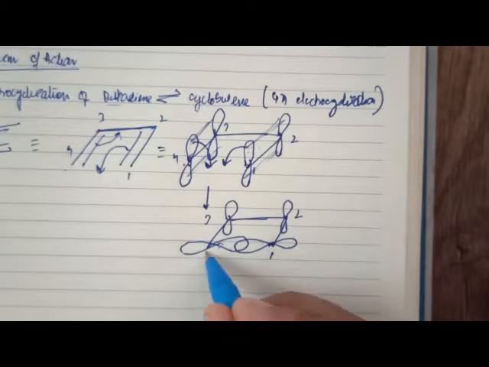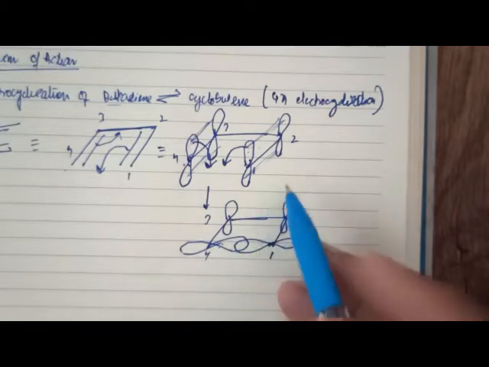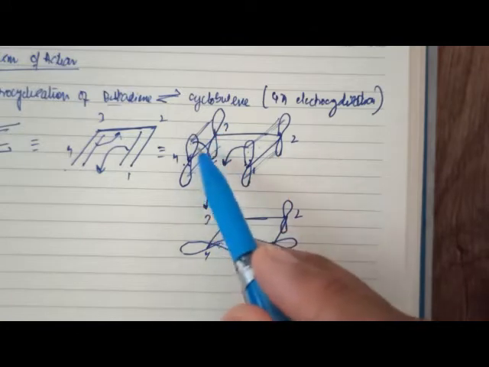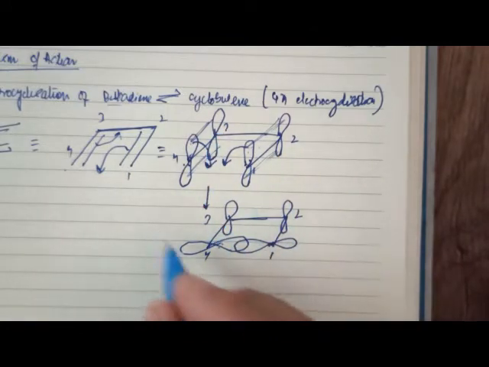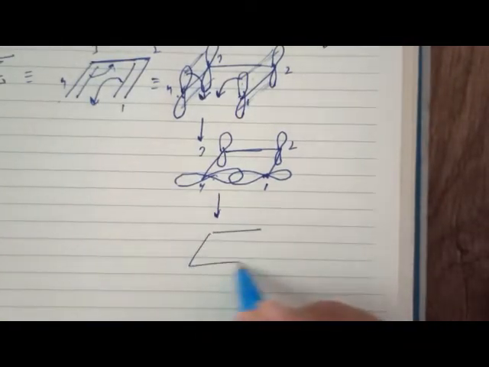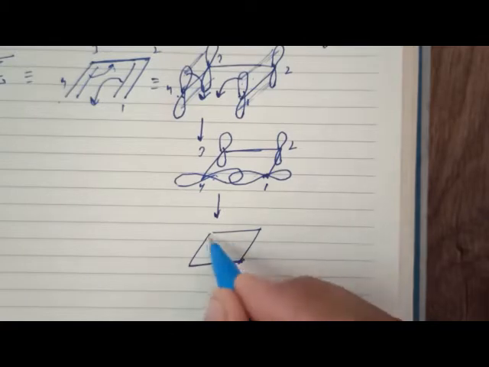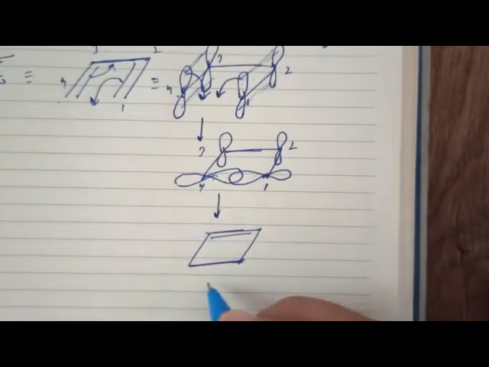So what has happened? Carbons 1 and 4, which were earlier forming a pi bond between 1 and 2 and 3 and 4, have now gone on to form a sigma bond. So I can say this bond is sigma and here it is pi. So what has formed? A cyclobutene ring.